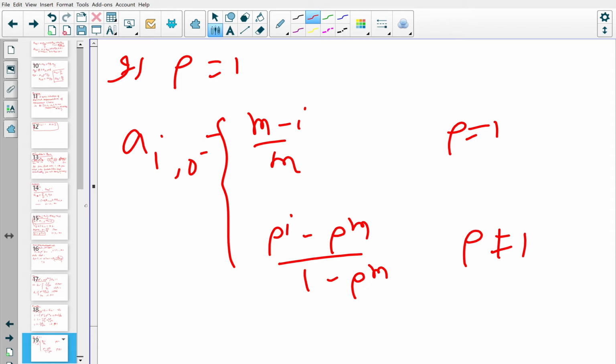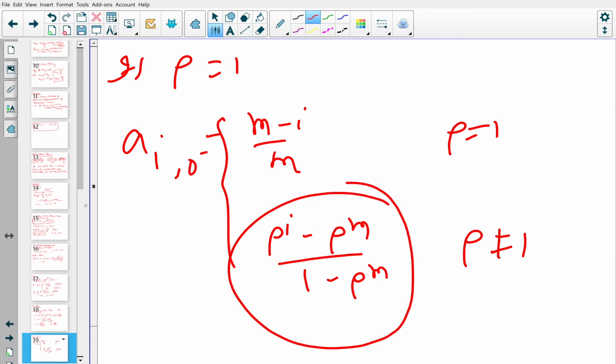Now you see rho equal to 1 means this is kind of a uniform distribution, but this is the interesting part. See, when you go to a gambling game, you see that the probability of winning is less.